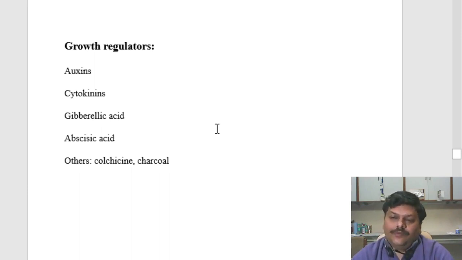Different plant hormone categories are auxins, cytokinins, gibberellic acids, abscisic acids, and these are the common ones, and others are colchicines, and sometimes charcoal is also used as a growth regulator.